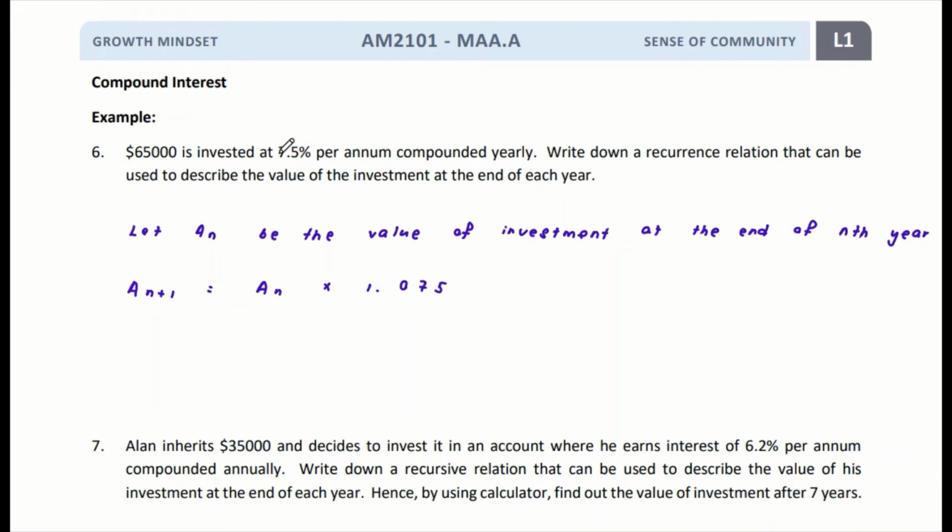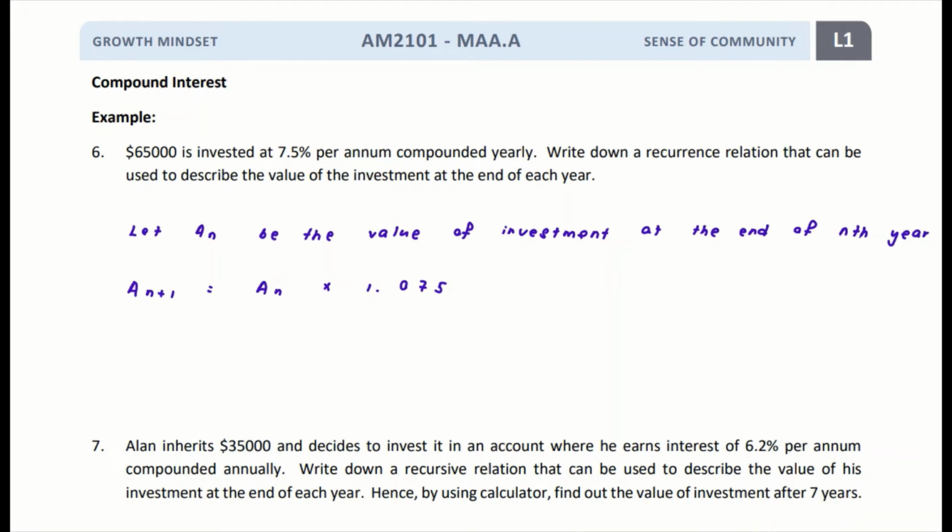So you earn 7.5%, you earn 0.075, plus your initial value, which is plus 1. So that's why you multiply straight away by 1.075, and you will get the value. It's similar to the case we talked about previously, multiplying by 1.05. So for each year, you multiply by 1.075, and that's the total value of money you have in your account. Okay, so that's the idea.